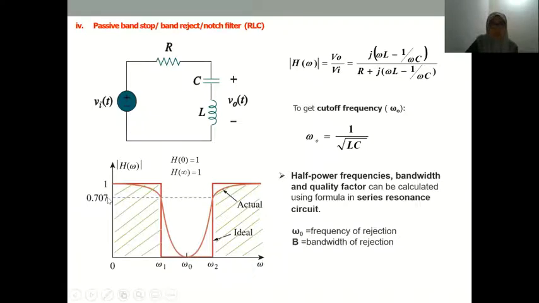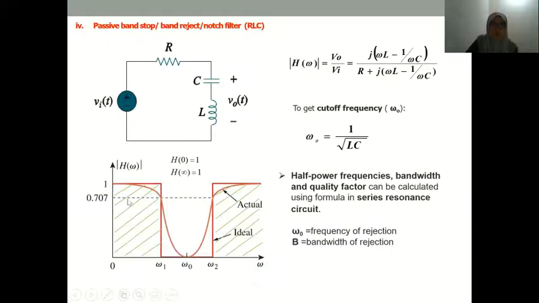So at 0 you get the magnitude 1, and at infinity you also get the magnitude 1. And at omega 1 and omega 2, the magnitude is 1 over square root of 2, which is 0.707. So this is the actual curve, and this is the ideal curve.